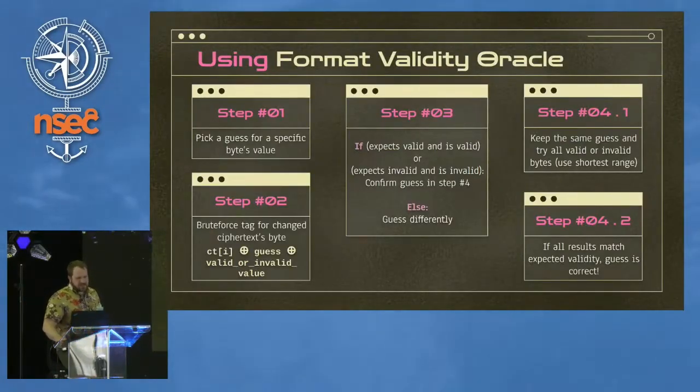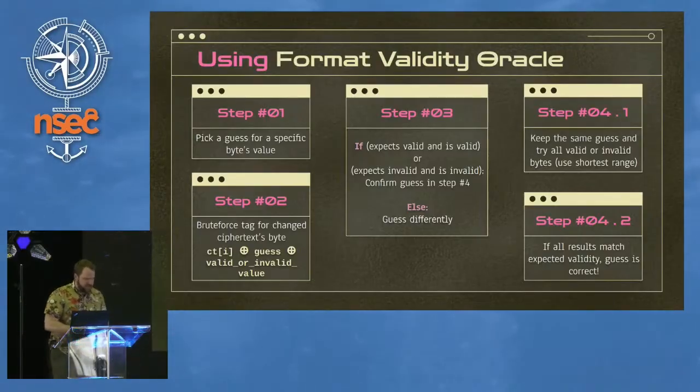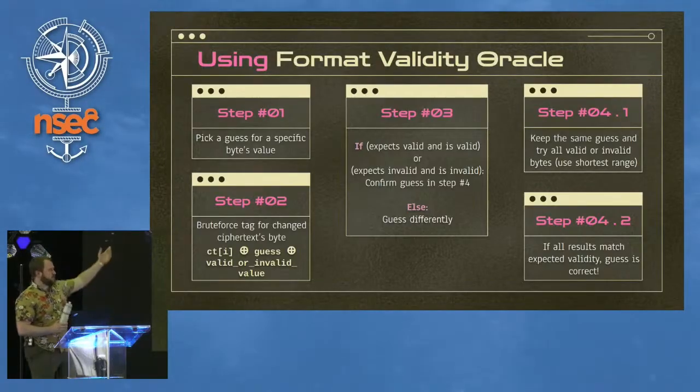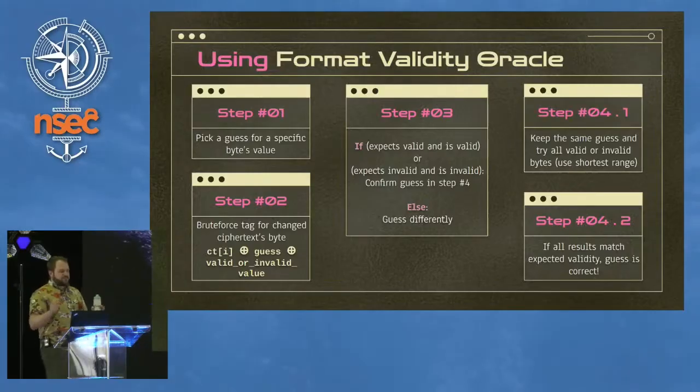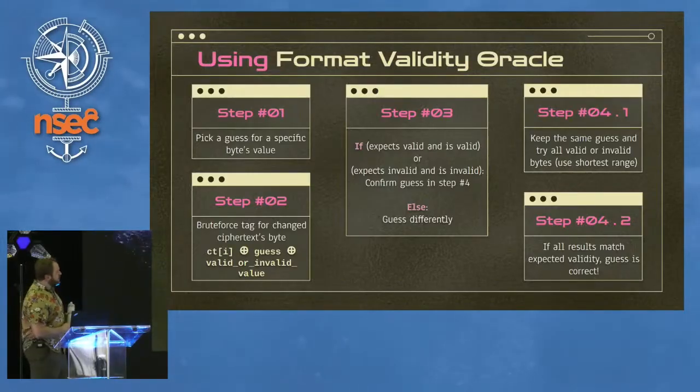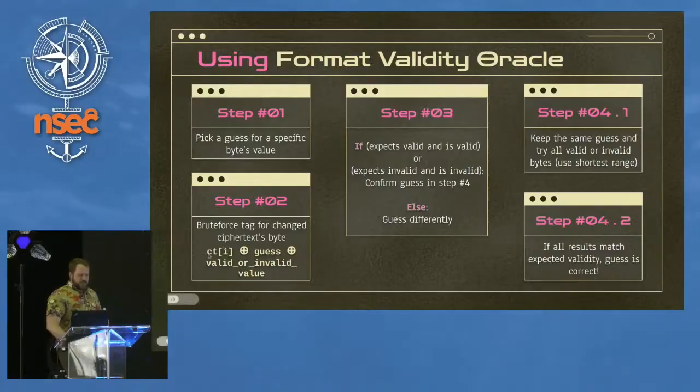So now let's use that format validity oracle I've been talking about. And I say use, but I don't have demos because I figured I'd be showing the same thing that the slides are showing. So step one, you pick a guess of a specific byte that might be there when you decrypt. You apply on the position you want in the ciphertext a XOR of that guess.